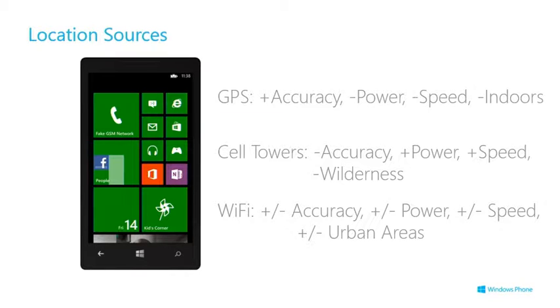It knows where cell towers are located, and it can look at the signal strength it's getting from them. It can do a rough calculation using trigonometry to figure out roughly where it is. It's not super accurate, but it's very power efficient, doesn't take much battery, and it's quite fast. But when you are in an area where you haven't got many cell towers, like out in the countryside, it really doesn't work terribly well.